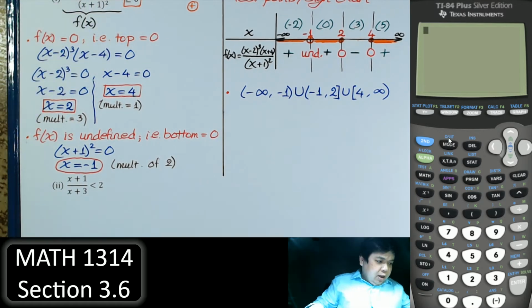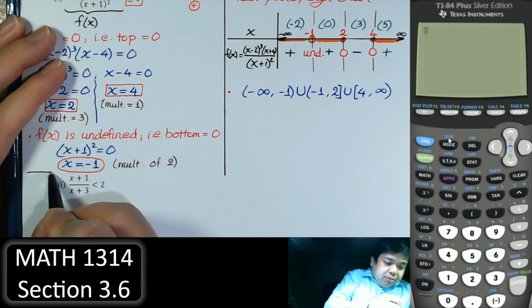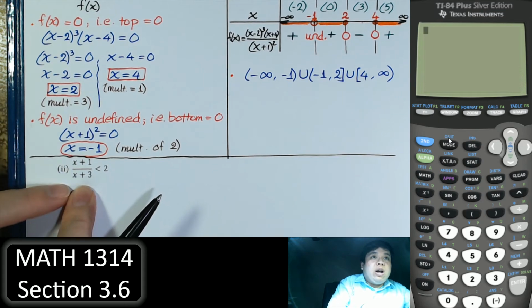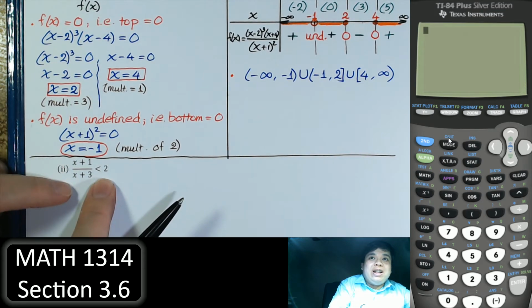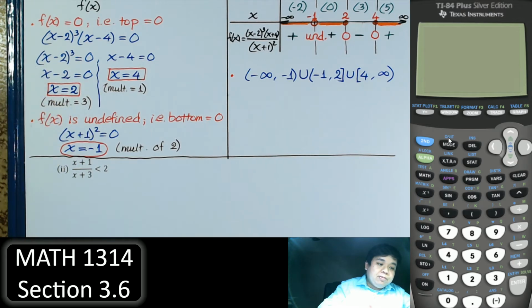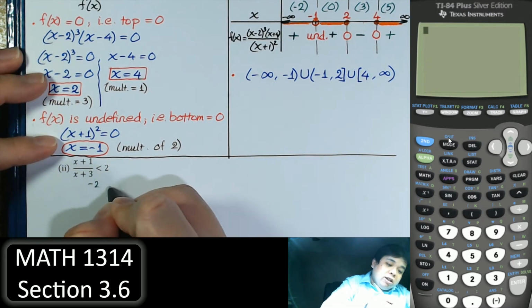Right, the next example, a little bit tricky because we have x plus 1 over x plus 3, we do not have 0 on the right hand side, so we have to solve for this first. To do this, we subtract 2 on both sides.